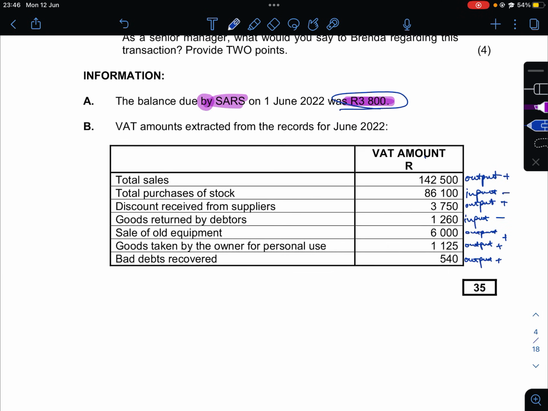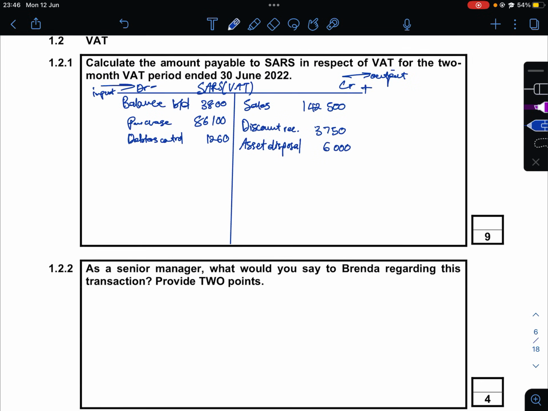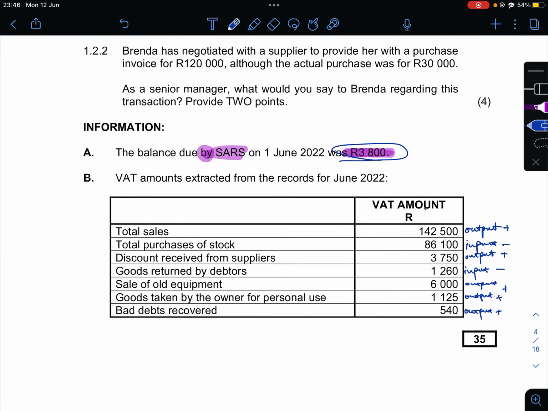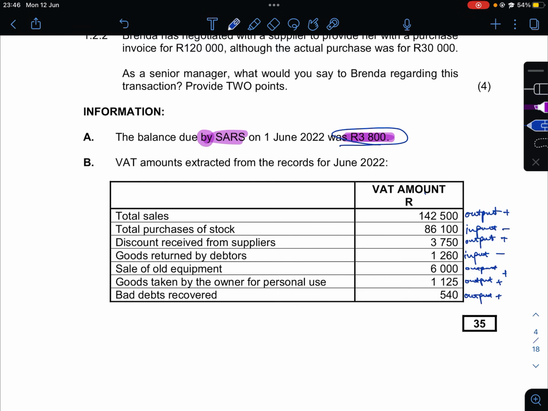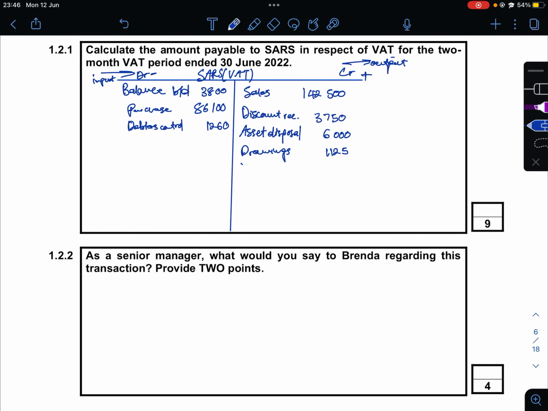Okay, and then we are done with this. Goods taken by the owner, those are drawings, 1,125. And then drawings 1,125. And I think this is the last one. Yes, bad debts recovered of 540. So it's bad debts recovered, 540.